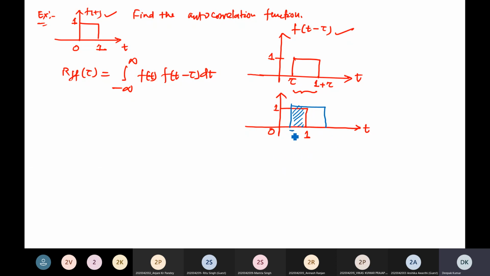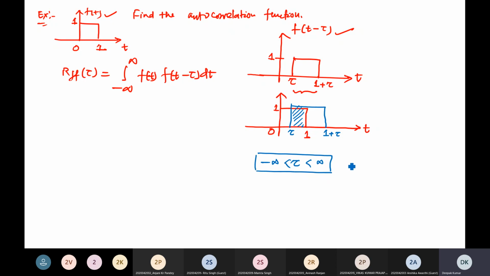Here it will be tau, and here 1 plus tau. Now this tau can be varied from minus infinity to plus infinity. Vary the value of tau from minus infinity to plus infinity and check the overlapping part.